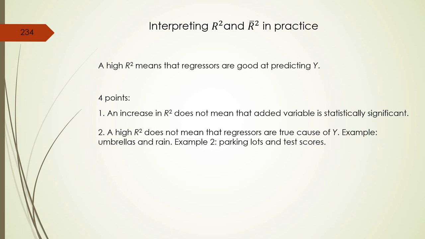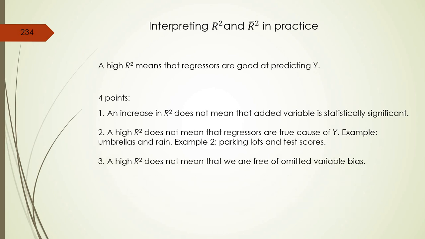Also, the second example that you already saw in our class size example, parking lots don't have any influence on test scores, although maybe if you put them in the model you get statistically significant coefficients, so it doesn't mean that there is a true relationship between these two variables. You need to think logically and understand that the size of a parking lot doesn't have any connection with the results on the test scores.